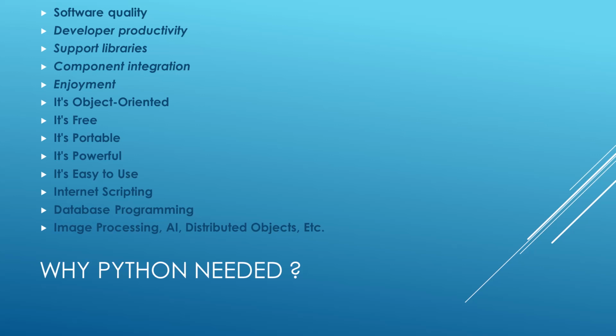Python's OOP nature makes it ideal as a scripting tool for object-oriented systems languages such as C++ and Java. For example, Python programs can subclass specialized classes implemented in C++ or Java.